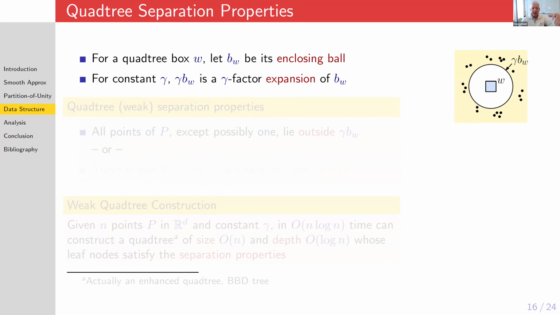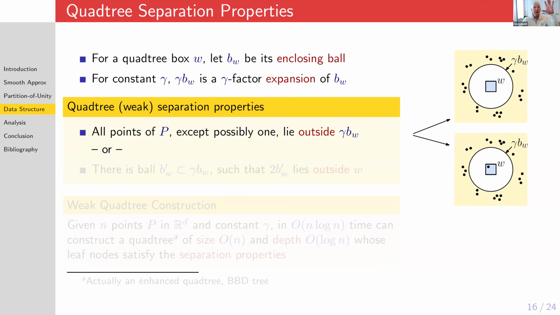So let me very quickly go through the nuts and bolts of the construction. First off, I do have to start with a quadtree decomposition just to get things started, but it's what I call a weak quadtree. It's not refined all the way down to the epsilon level. In fact, this is entirely independent of epsilon. We just want to build a quadtree that allows us to establish some very weak separation properties.